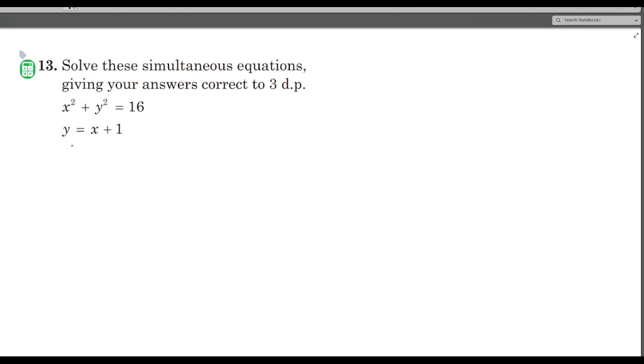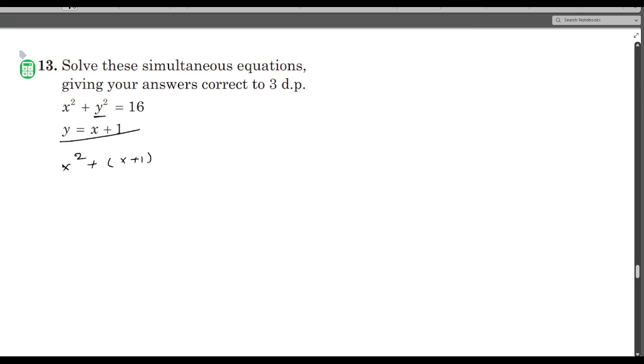So here this y value I will replace in place of y. So your x square plus y square will become x square plus x plus 1 the whole square equal to 16. So therefore you have x square plus 2x plus 1 is equal to 16. Therefore 2x square plus 2x minus 15 is 0.